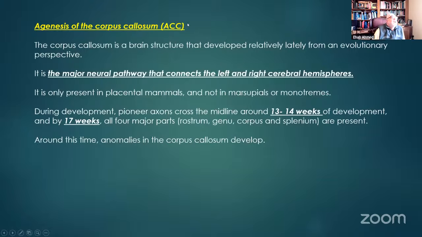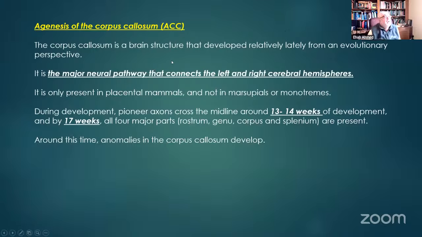Agenesis of the corpus callosum is important. Normally, there is a connection between the right and left hemispheres. And this is how your brain communicates. The right side knows what the left side does, and the left side knows what the right side does, and they are communicating. If there is no corpus callosum, there is no communication, and the right side does not know anything about the left and the other way around.